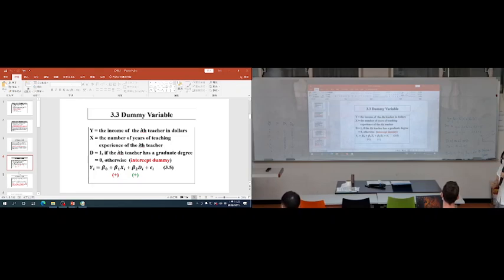So since x equal to 0 makes sense in this equation, beta 0 will be the starting salary. So in this case, if you have the graduate degree, your starting salary is more than those with just a bachelor degree.